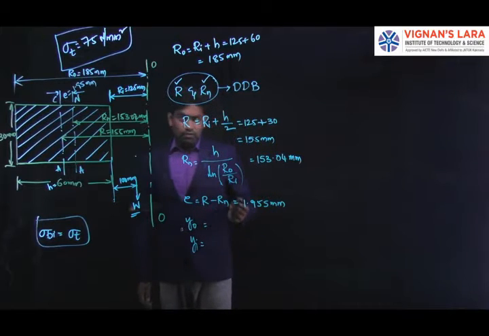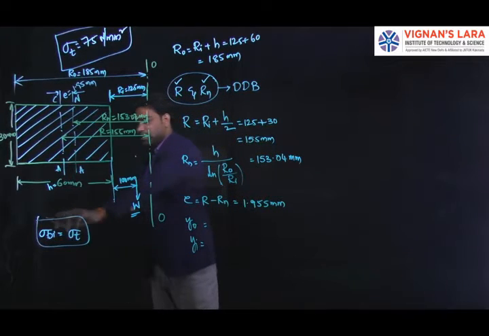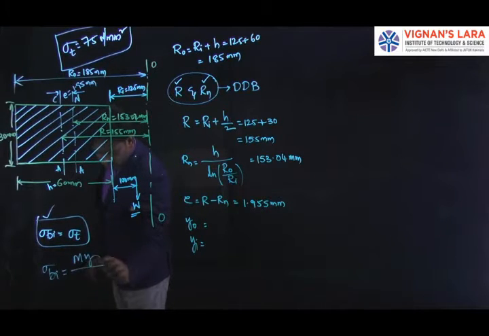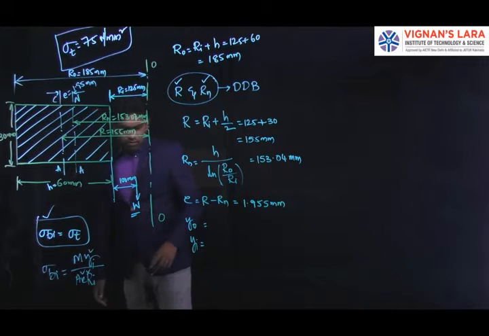So we need to find out the stress at the inner fibers. What is the equation for stress at the inner fiber? That is M yi by A e Ri. So Ri is known and small e is known, and yi you need to find out initially.